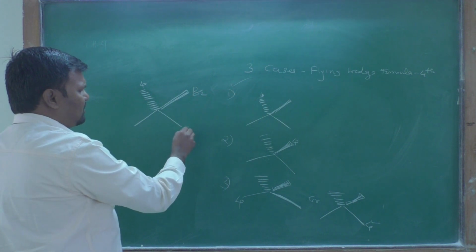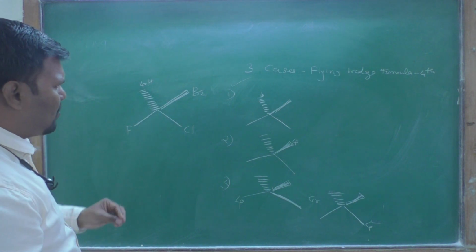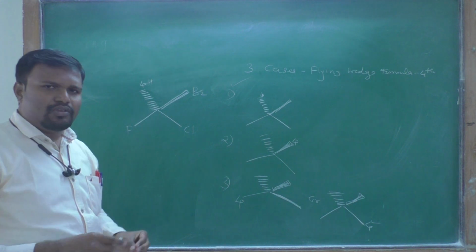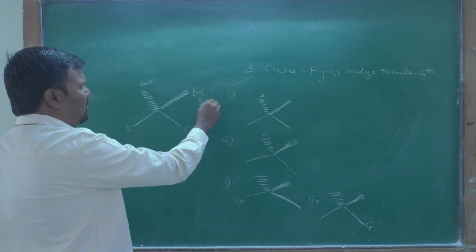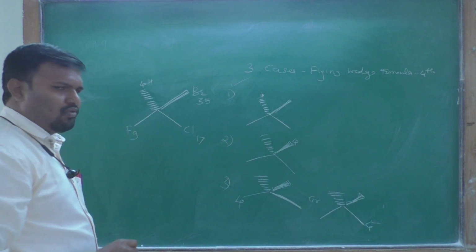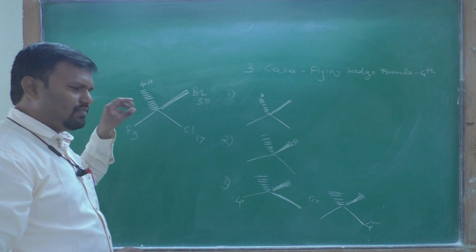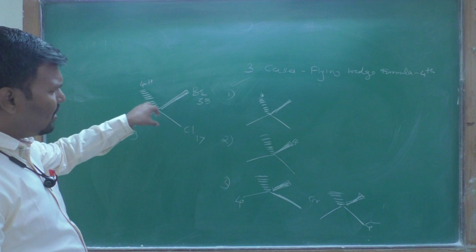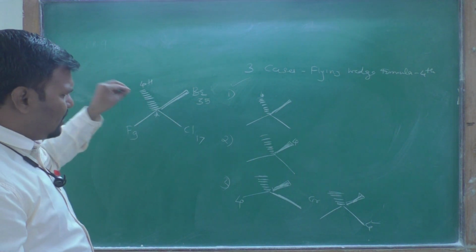In this case Br is there, Cl, F, and hydrogen is there. Hydrogen is the fourth priority group which is pointing away from the observer. This is the essential condition when you assign the R and S configuration. Bromine has atomic number 35, chlorine is 17, and 9 is fluorine. Therefore four different groups are attached to the central carbon atom, that is a chiral carbon atom.